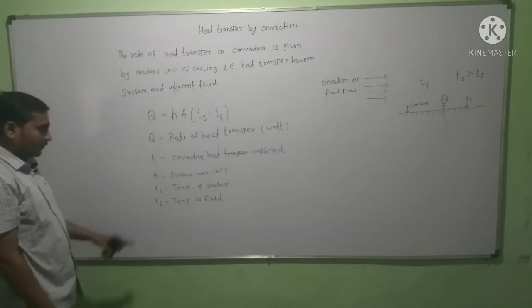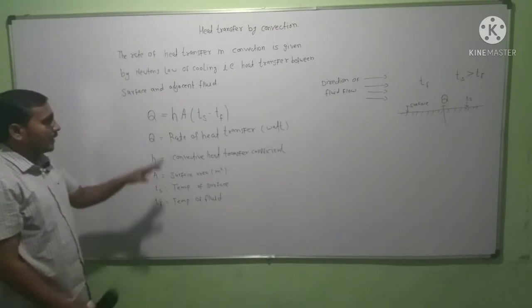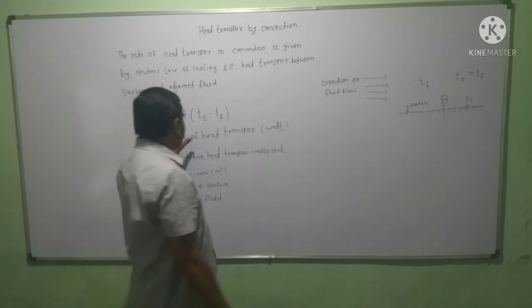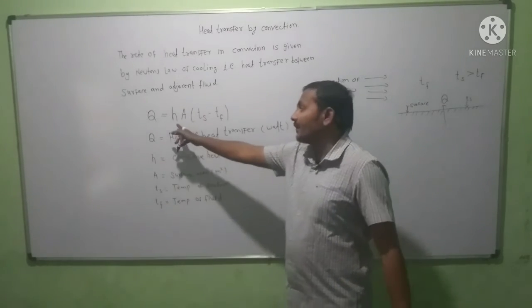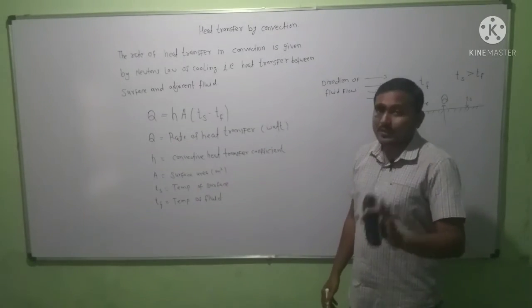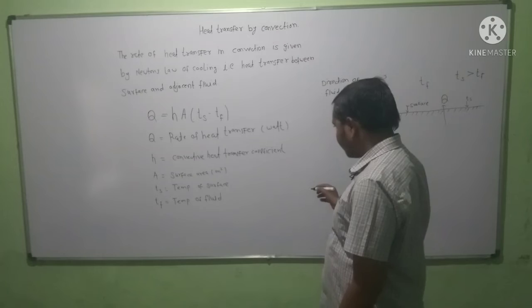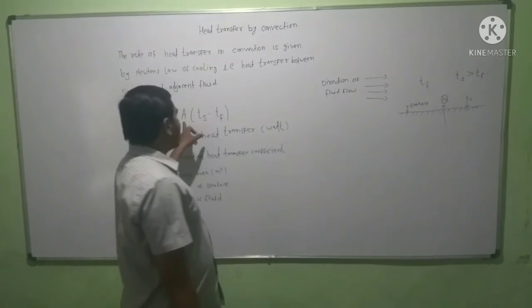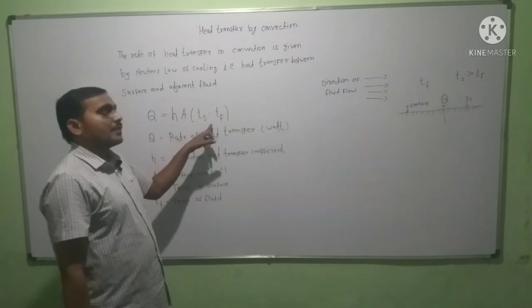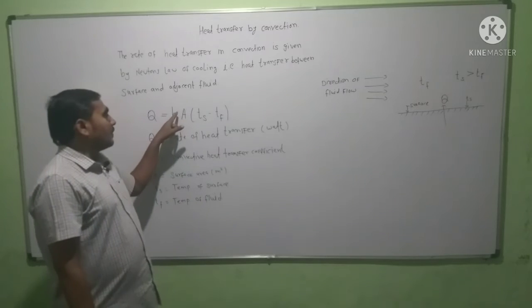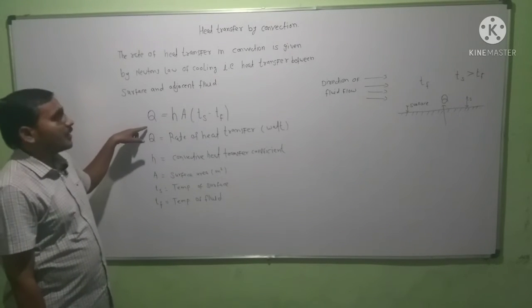Friends, from this equation we can write the equation for H also, that is the convective heat transfer coefficient. We can write here all this A into Ts minus Tf, it is in multiplication with this H so that goes here in division.